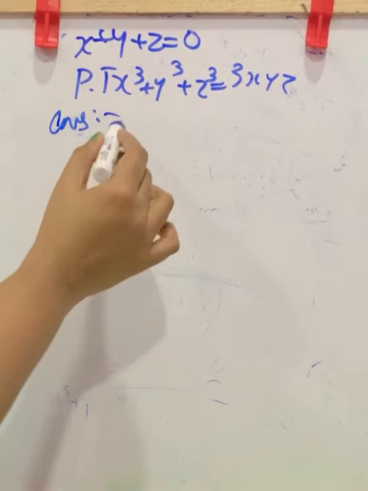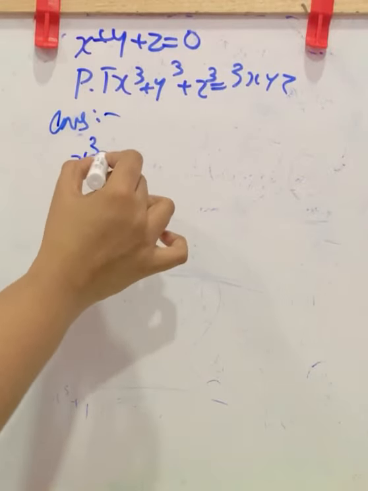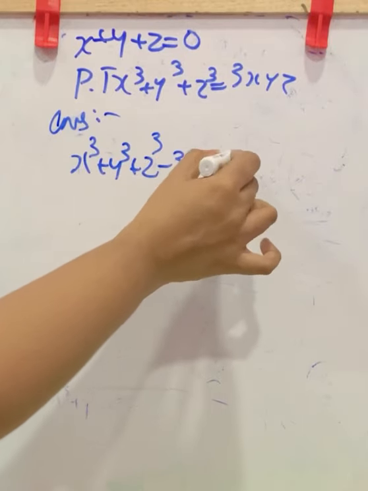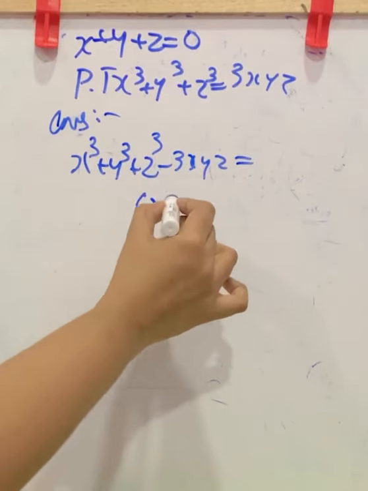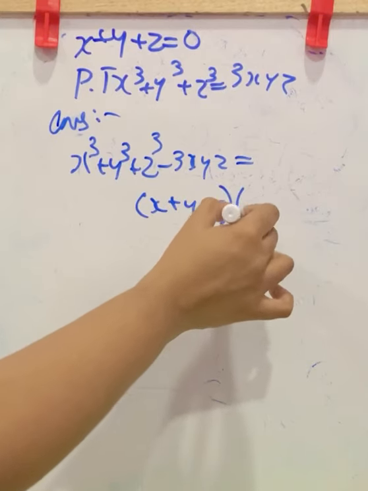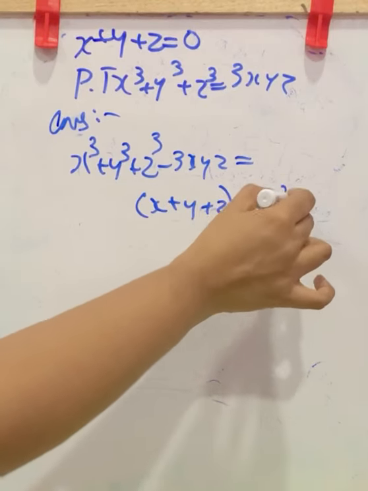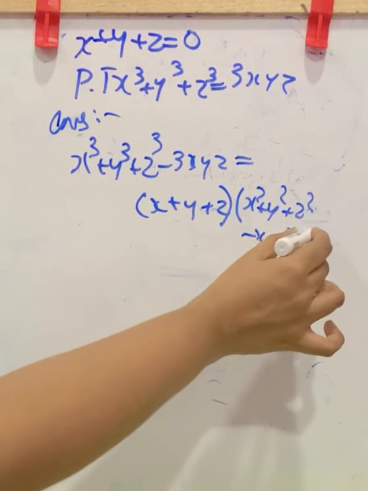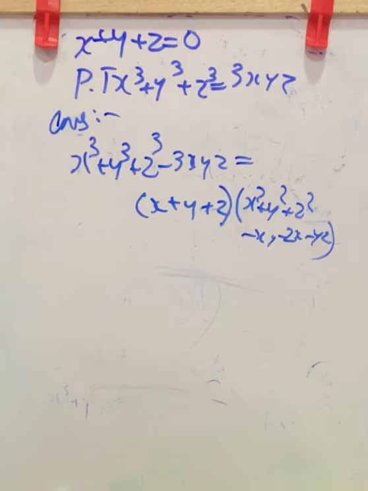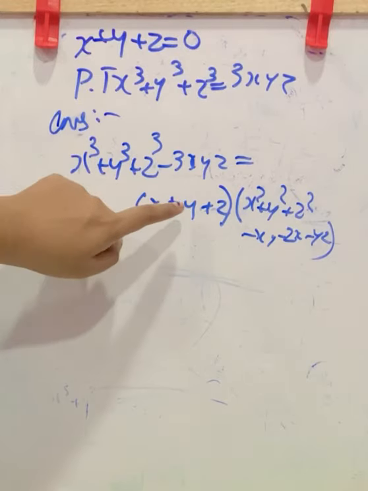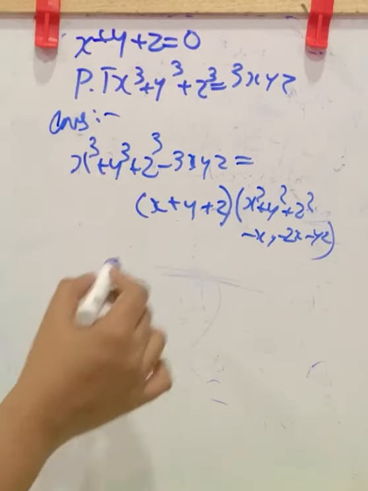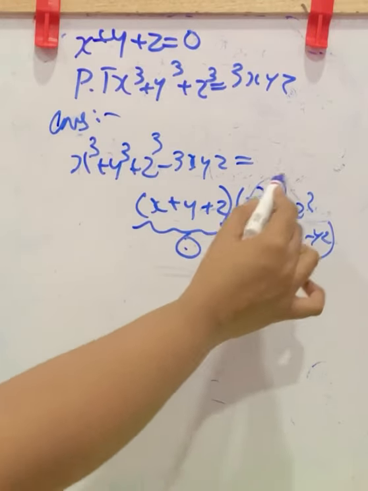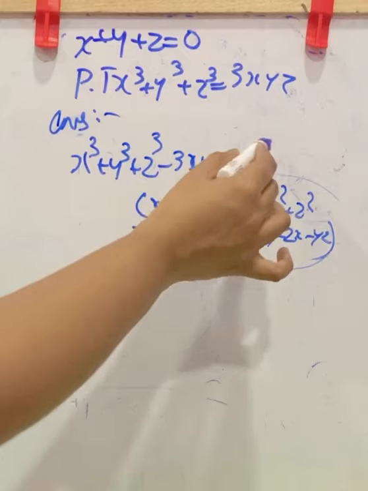Answer: we know an identity, x cube plus y cube plus z cube minus 3xyz is equal to x plus y plus z into x square plus y square plus z square minus xy minus zx minus yz. Now here it is given x plus y plus z is 0. This term is 0 from the question. So 0 into anything, you will get the product as 0.